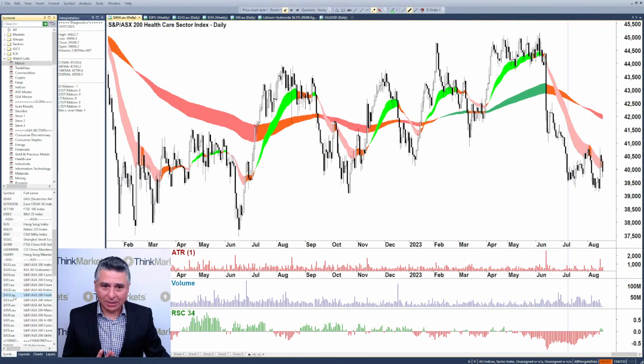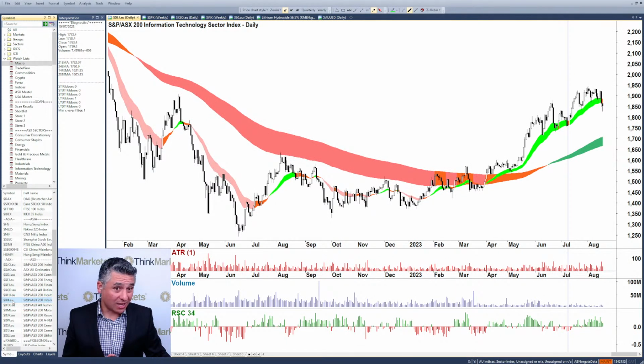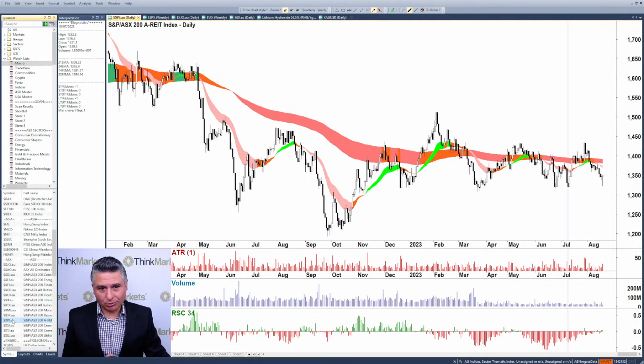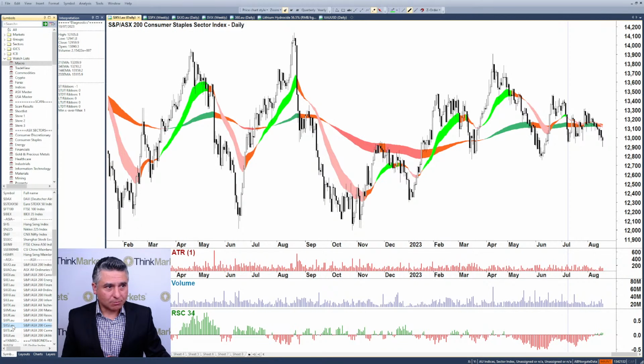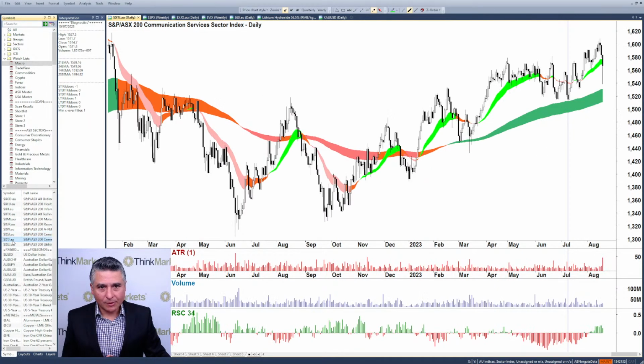Healthcare, we've got a bit of a bounce in Cochlear and CSL. That's that big white candle. Tech actually maybe just starting to roll a little bit in the short term. That's concerning. I've done materials. Property still looks pretty awful. And I said on the call yesterday, rates kill REITs. Koshi said he's going to make a T-shirt out of it. Staples, I just think a bit ho-hum at this point in time.